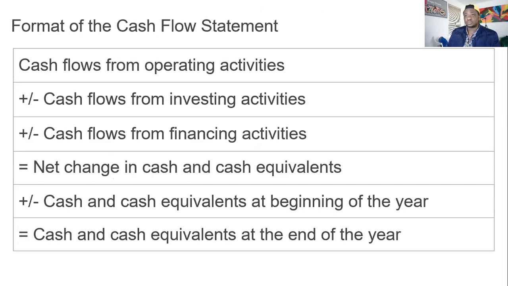Moving on. So this is how the format of a cash flow statement looks like. You get cash flows from operating activities, and then you add your cash flows from investing activities, and then after that you add your cash flows from financing activities. It depends really on whether we can either generate cash from investing activities or we can lose cash.